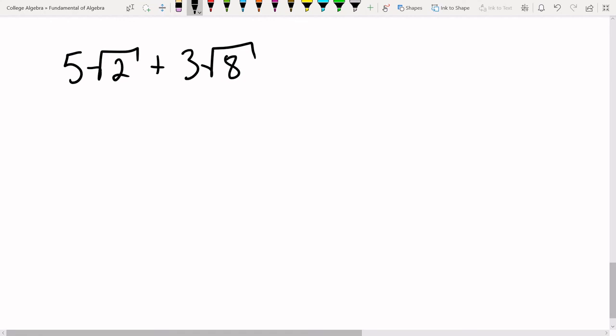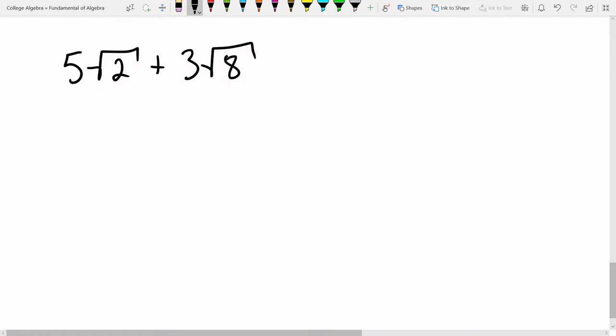However, if you first simplify the radicals, we will actually be able to see that we can do more with this expression. Now 5 root 2 can't be simplified, right? The square root of 2 is a prime number by itself. You can't break that down at all. There's no perfect square within it. So 5 root 2 is simplified already.